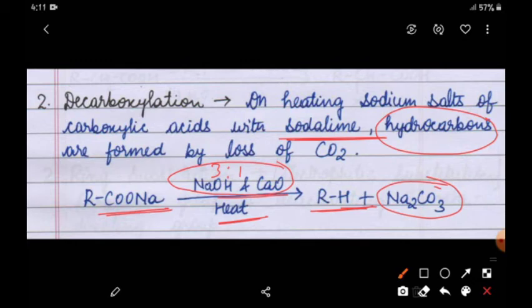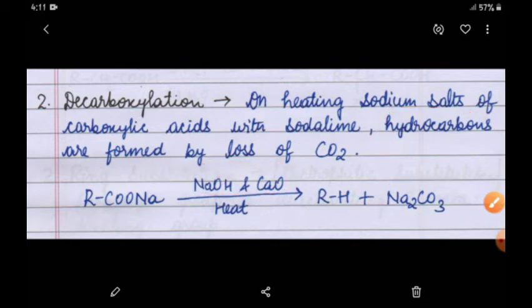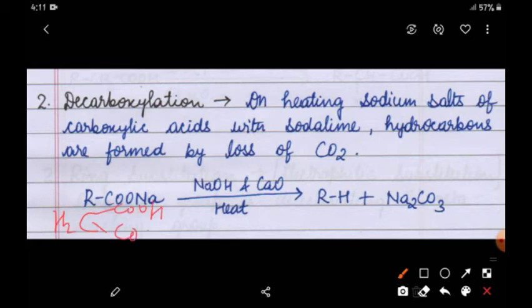Now suppose we have an acid which contains 2 COOH groups on the same carbon atom. Suppose I have malonic acid. What is malonic acid? COOH, CH2, and here also COOH.